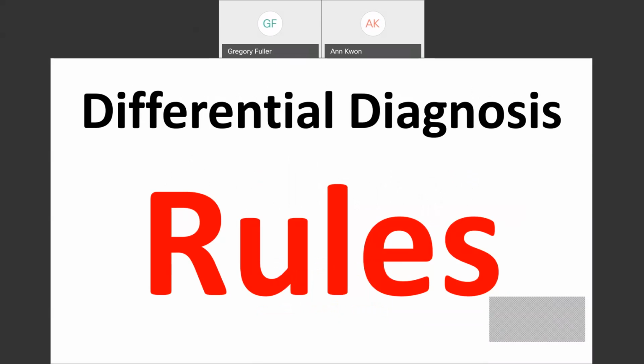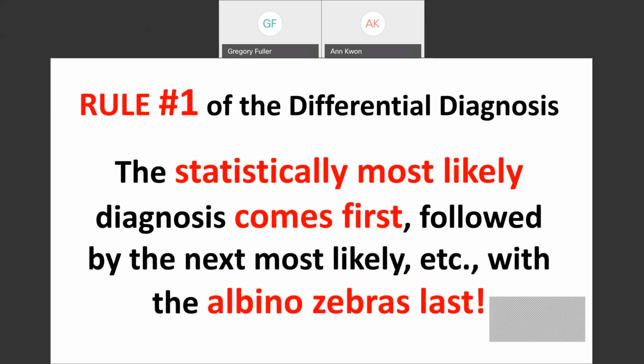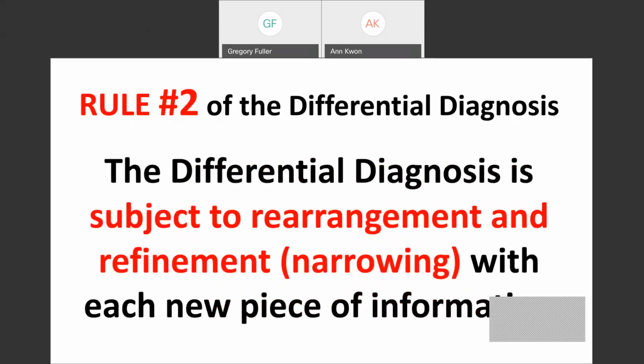For any given imaging feature or histologic feature, genomic signature, or any collection of features, there's always a differential: a most likely diagnosis first, or maybe two or three that are equally first, and then second, third, and then the really rare, the zeros, etc. Rule number one is the statistically most likely, meaning most common, diagnosis comes first, followed by the next most likely, statistically, with the albino zeros last. Rule number two is that the differential diagnosis is subject to rearrangement and refinement, that is, narrowing, with each new piece of information.